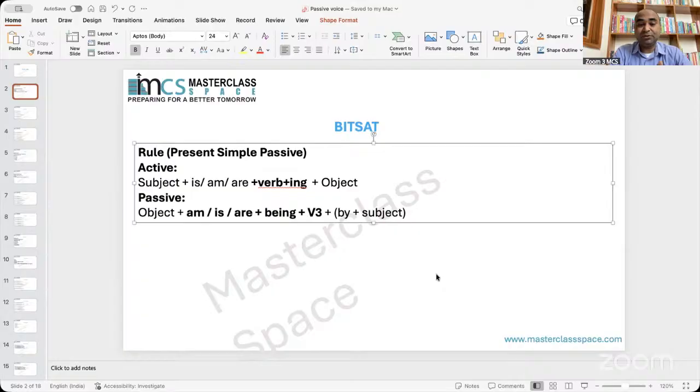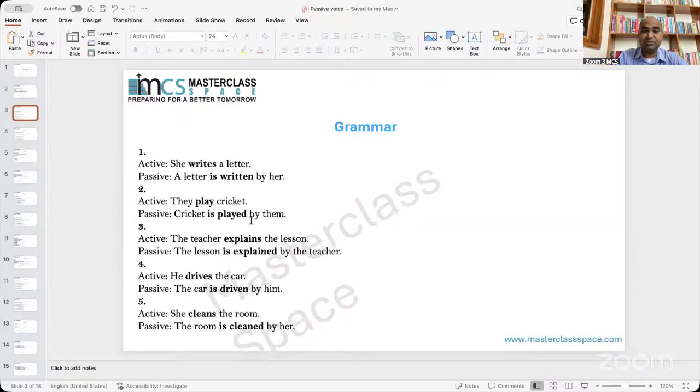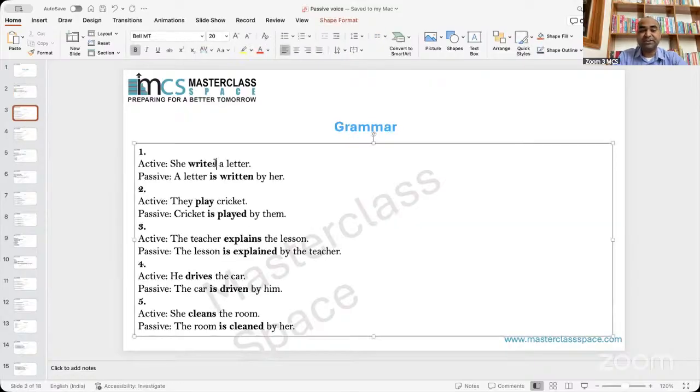So in present continuous tense, what do we do? We use ing with is, am, are, but in passive voice it is being. So the sentence will be: she is writing a letter. Okay. So active voice will be she is writing a letter, but when you convert it into passive voice, you just need to add being.